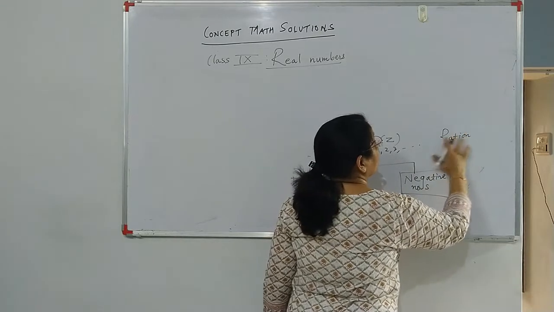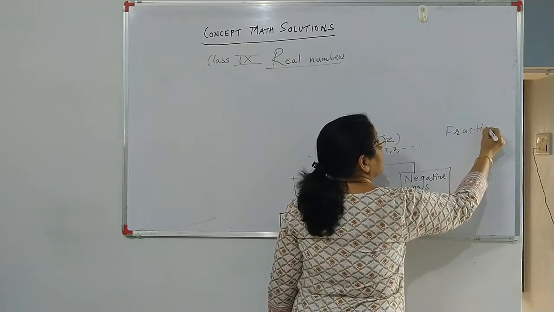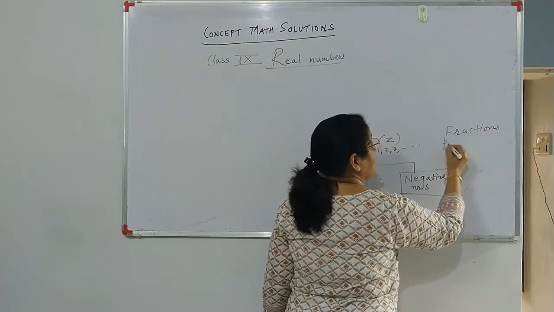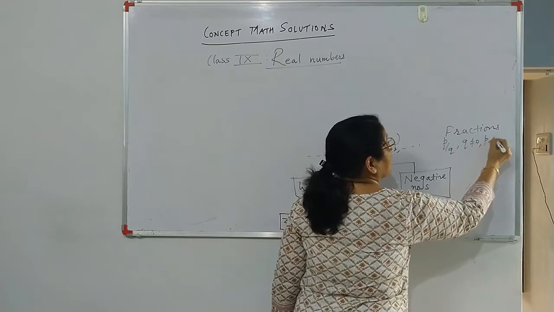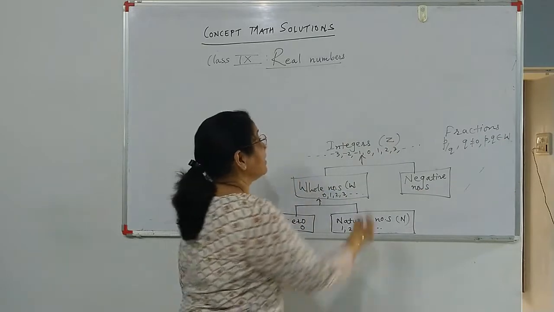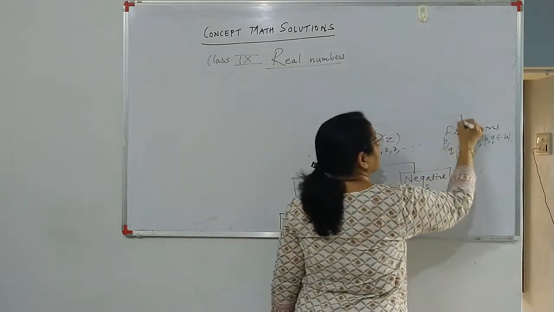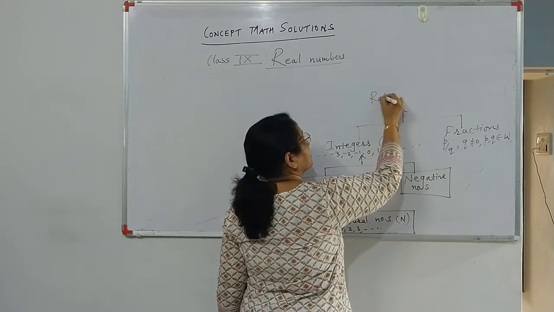Now, after integers, you learned about rational numbers. You remember? No. First you learned about fractions. Fractions were the numbers of the form p by q, where q was not 0 and p and q belonged to the whole numbers, right? And integers and fractions combined, and then you got rational numbers.